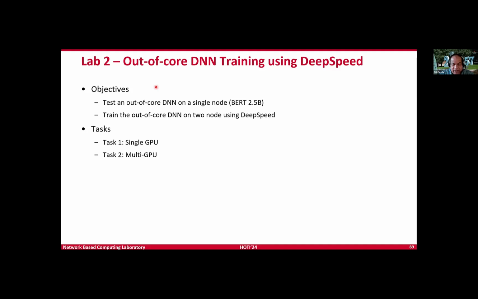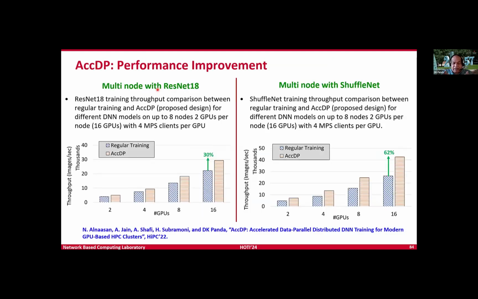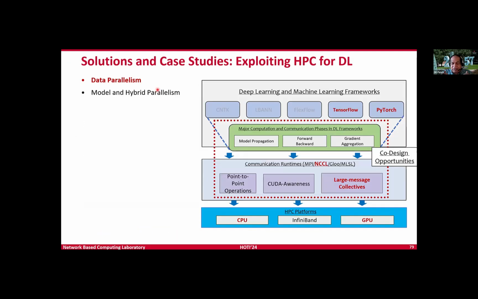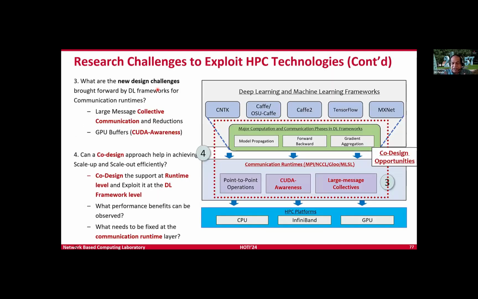Let me also add a little bit of comment. If you remember, we discussed the challenges. This is where I think HPC and AI together are opening up a lot of these challenges.